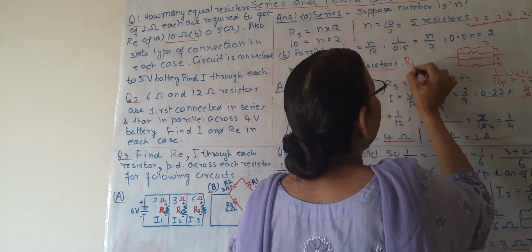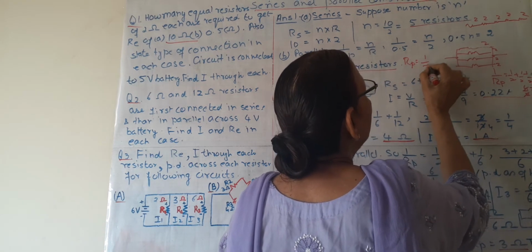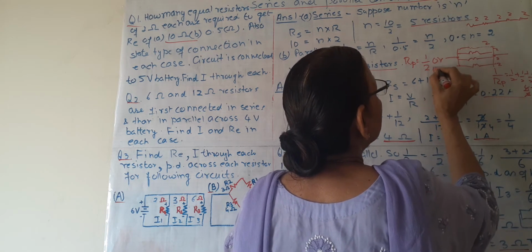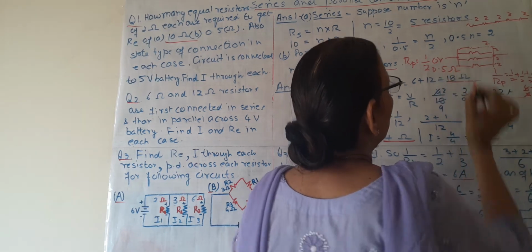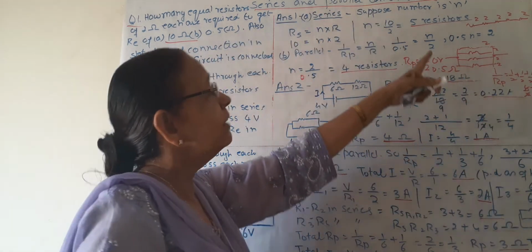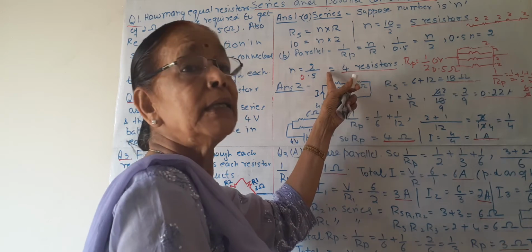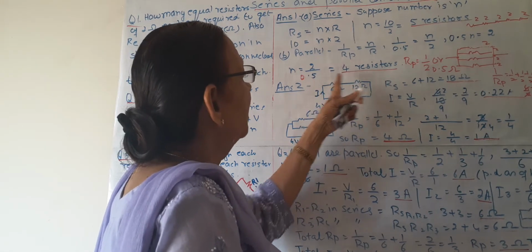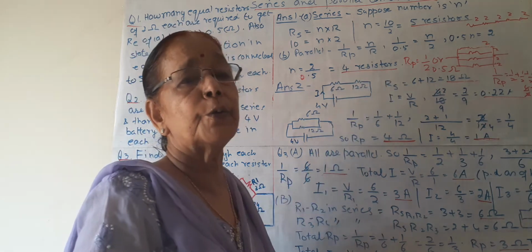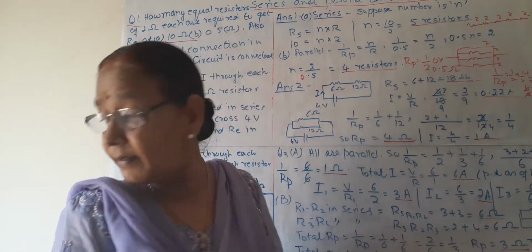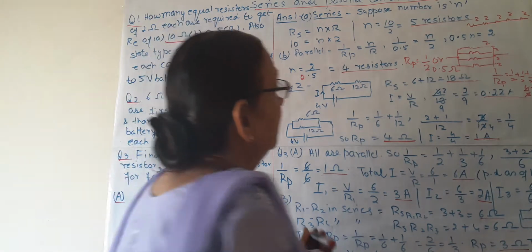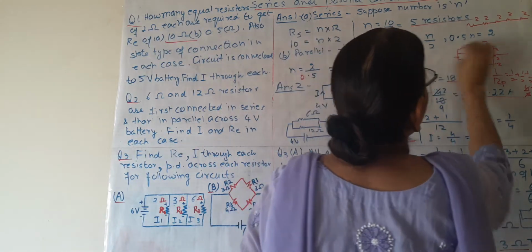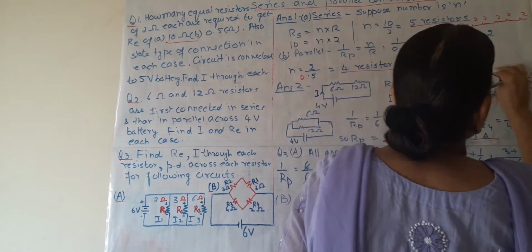So Rp will be equal to 1 by 2, or 0.5 ohm. So in this way we can check whether our answer is correct or not. If the total is 0.5, the number of resistors should be 4. Is it clear to all of you or not? So this is how we can calculate the number of resistors.